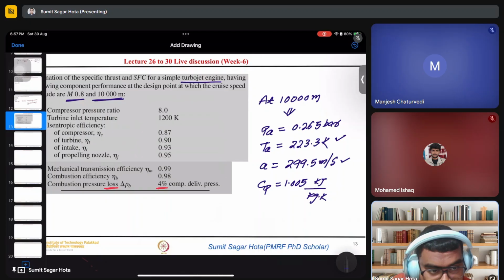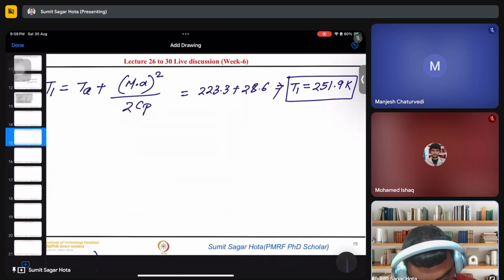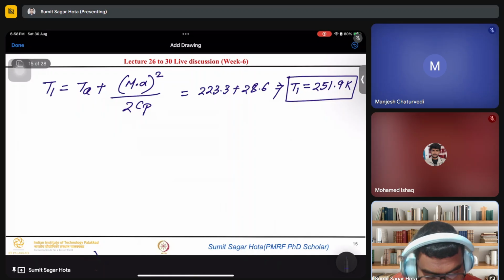But if it were a simple Brayton cycle or simple Joule cycle, or a diesel engine, then we would simply apply P2 by P1 equal to T2 by T1 to the power gamma minus 1 by gamma. All these formulas are very simple. But here, since we have to take these losses into consideration, the normal isentropic relation of pressure, temperature and volume is going to change.